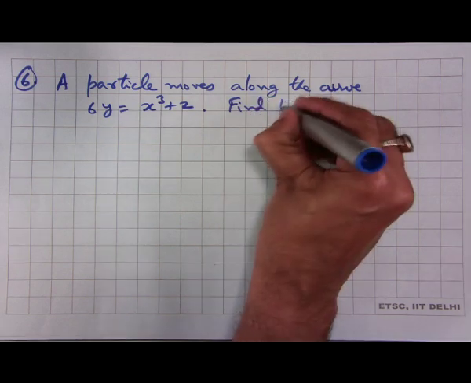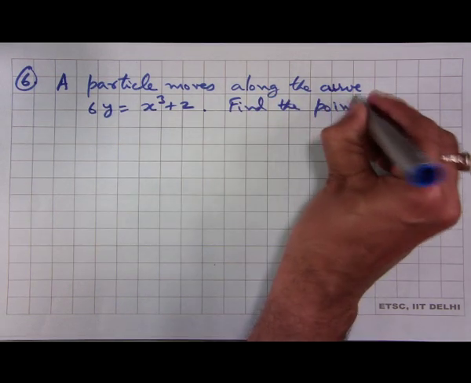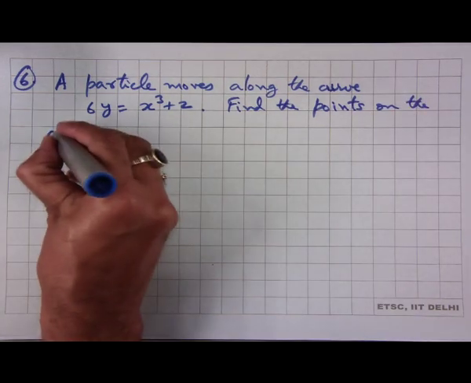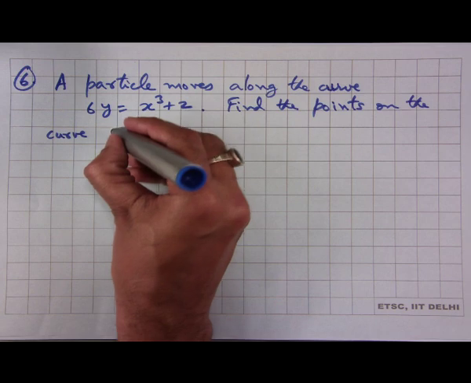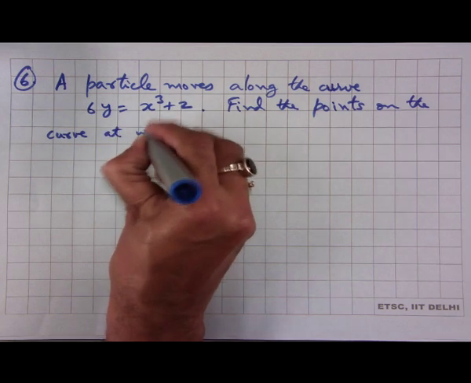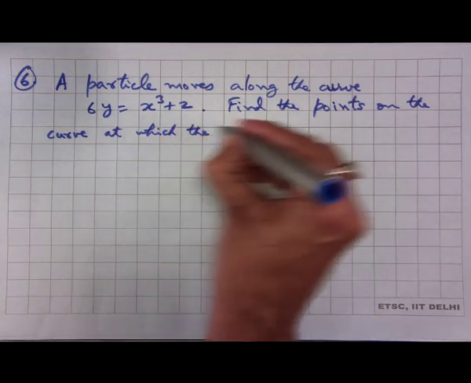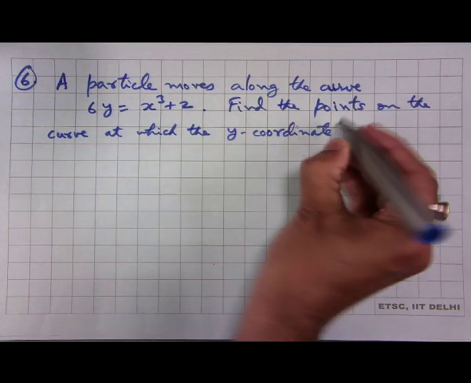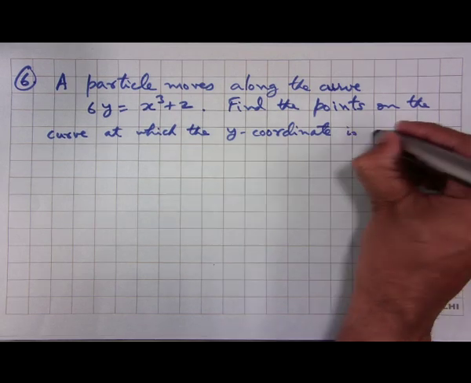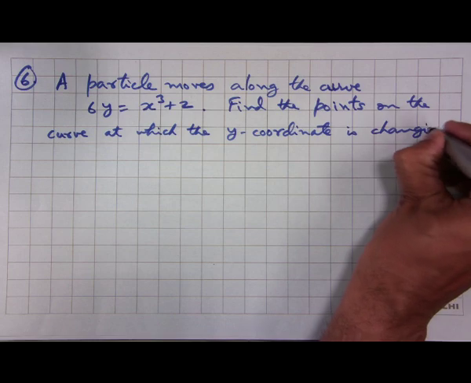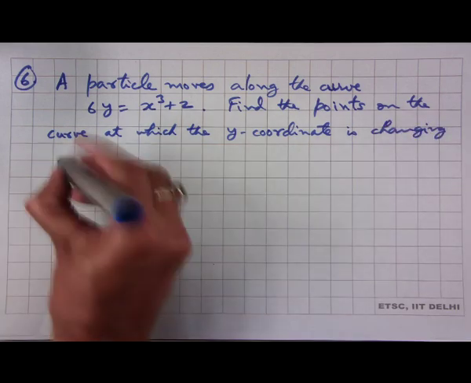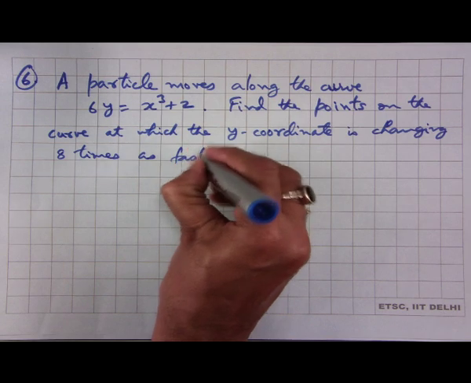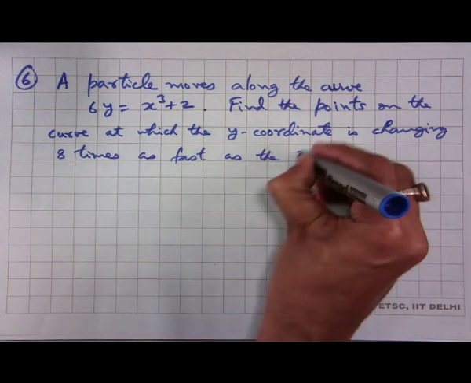We need to find the points on the curve at which the y coordinate is changing eight times as fast as the x coordinate.